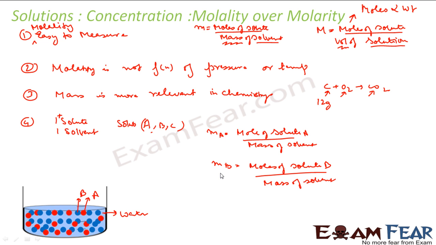One good example is, for example, I have a solution. I have solvent, water. Correct. I have water here. And let me add a solute A, and let solute A be NaCl. I find the molality of NaCl.